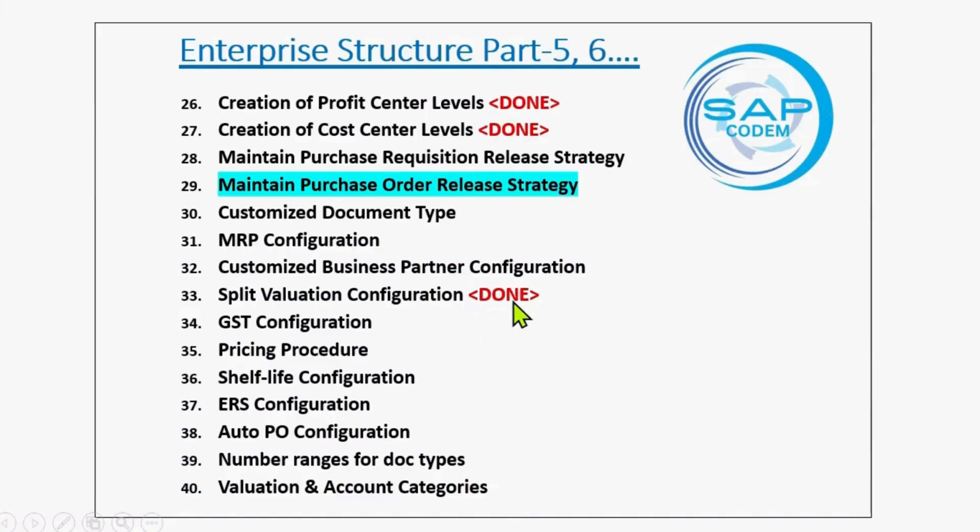We have completed that task too in my previous videos. Today in this session, you will learn about purchase order release strategy. This is what the session is all about.